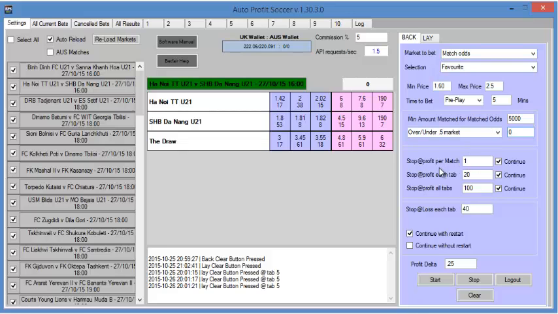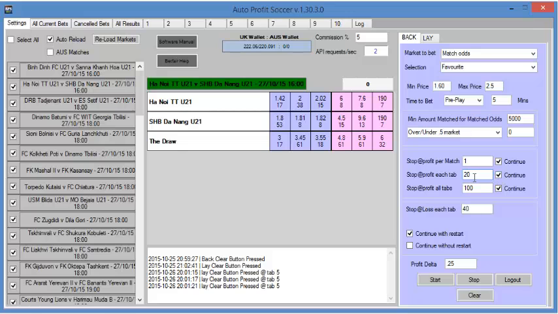The next thing is, how much profit do we want to make per game? Well, I've got 1. Every time we get a winner, I want at least £1 profit or dollar profit. Each tab has a stop profit, and I put 20. So when a tab gets to 20 on the backing side, it will stop and start again.